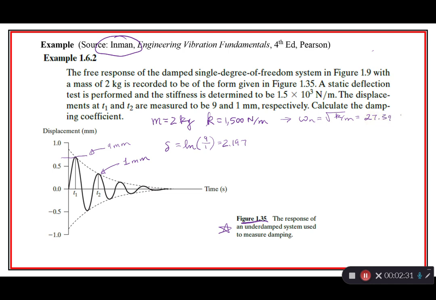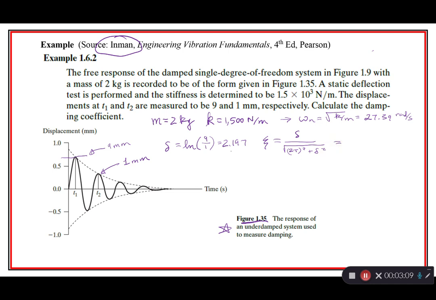It's kind of funny. When I wrote out the problems for these topics, they all had the same range of natural frequencies, right around 27. I don't know what the magic is there. But anyway, I could have also just continued with my log decrement and said the damping factor is the log decrement divided by the square root of 2 pi squared plus log decrement squared, right?